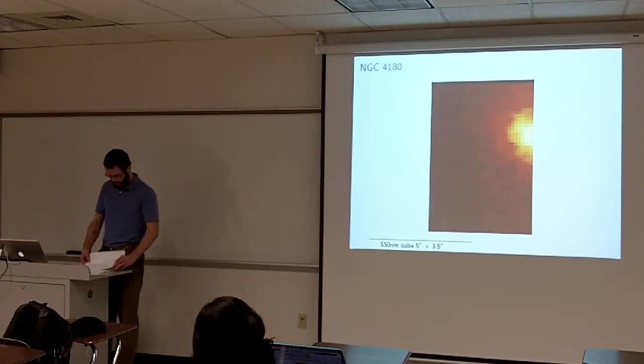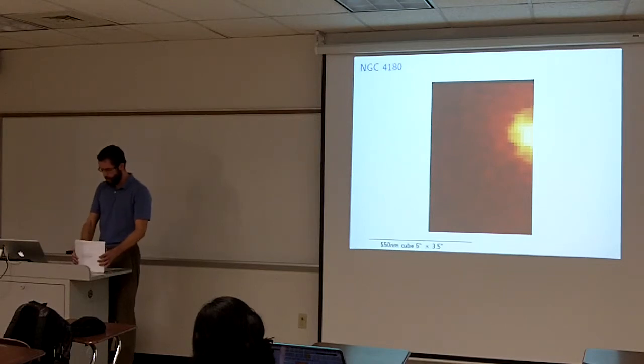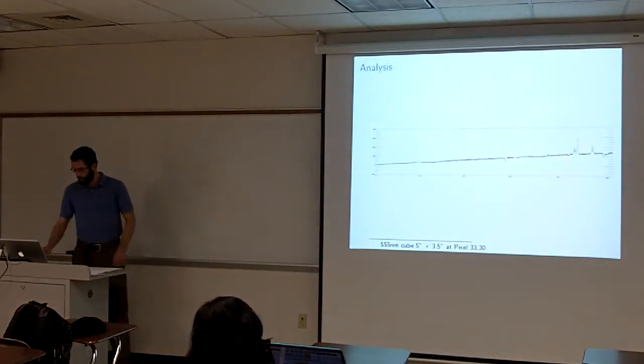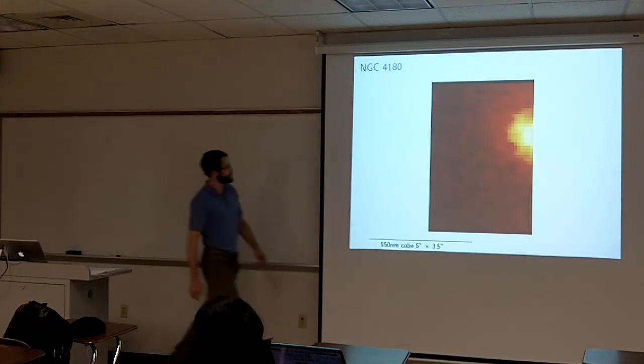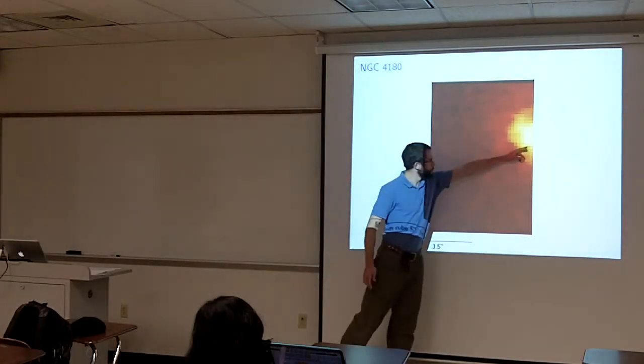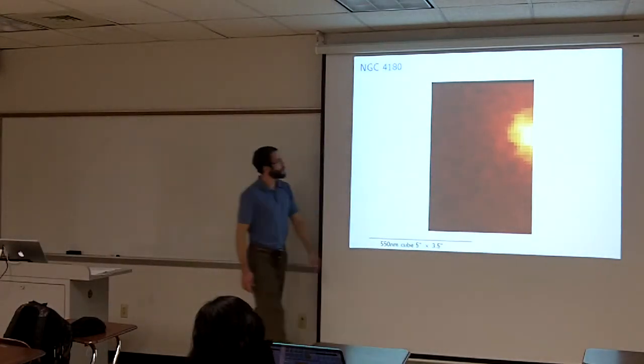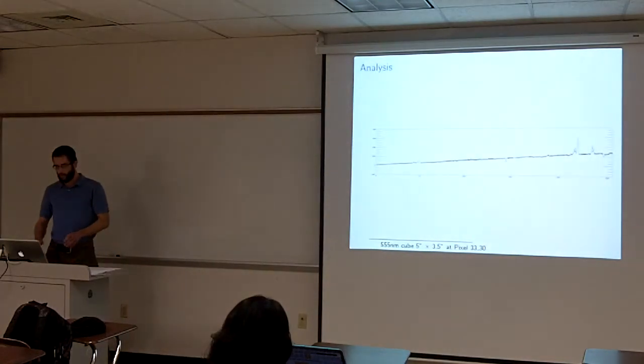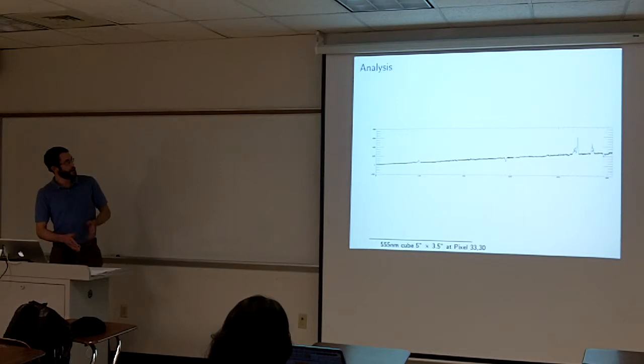But using this image as a representation of the central kiloparsec region, at pixel 3330, which is somewhere in here, looking at that pixel you can see the spectrum.